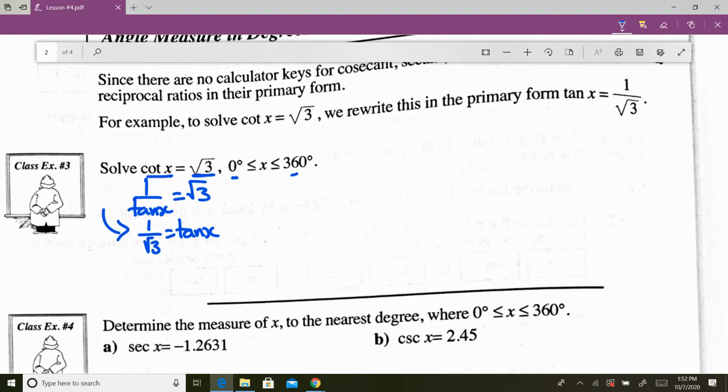Okay? All right, it's positive. Where is tangent positive? What quadrants? 1 and 3, right? Okay, I need to find the reference angle. How do we find the reference angle?